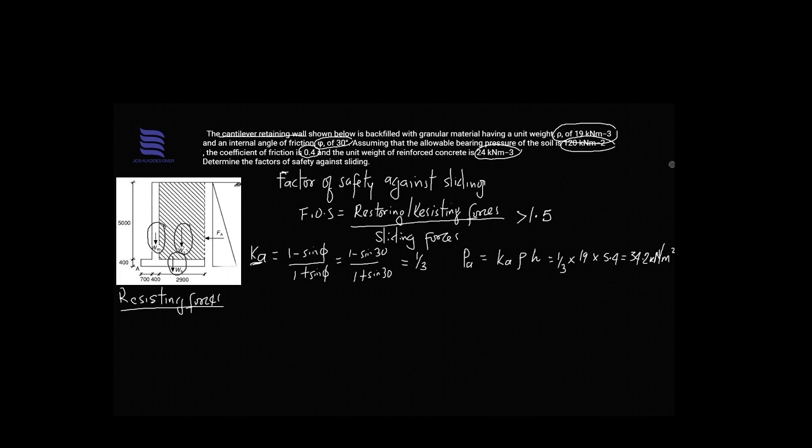Now this automatically gives me a definition for a cantilever retaining wall, which says that the weight of the structure itself and the weight of the backfill material would influence the stability of the cantilever retaining wall.